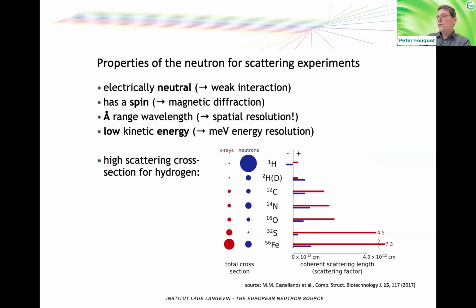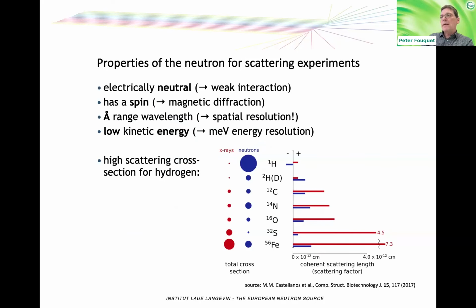Why do you use neutrons? Already Sarah touched on that a little bit. Just as a reminder, the neutrons are electrically neutral, so they can penetrate deep into matter. They have a nuclear spin, so with that, you can also look at magnetic diffraction, for example.